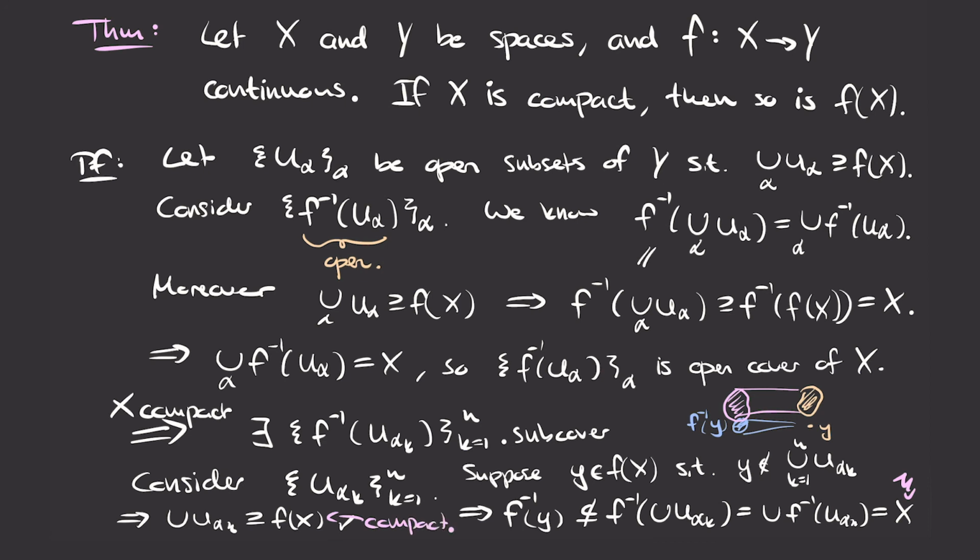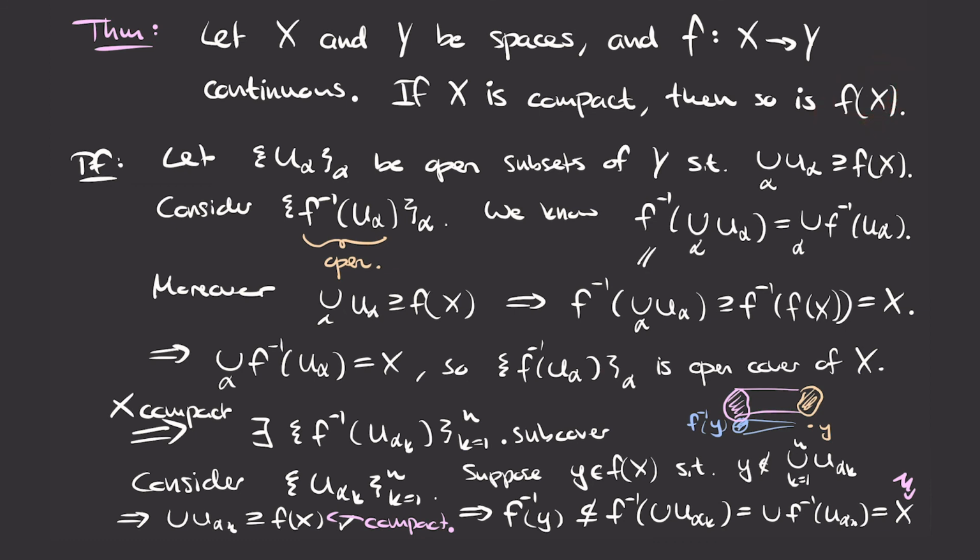All right, so as you can see, writing everything down is a bit of a mess, but the idea is very simple. We assume that x is compact. We want to show that its image f of x is compact, so we take some collection of open subsets which cover f of x, we pull them back along f, and because f is continuous, these pulled back sets will still be open in x, and moreover, they will cover x because they covered the image f of x.